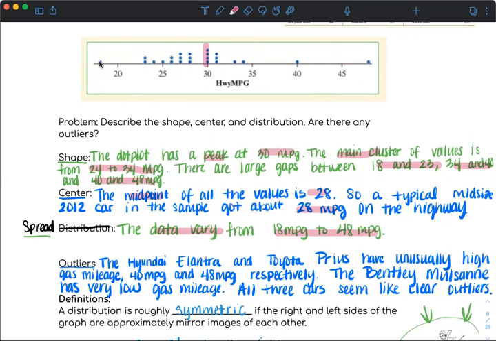But we can see that these values out here are kind of by themselves. So the Hyundai Elantra and the Toyota Prius have unusually high gas mileage. The Elantra was 40 miles per gallon, and the Toyota Prius was 48 miles per gallon. And then the Bentley had very low gas mileage. So all three cars seem like outliers.